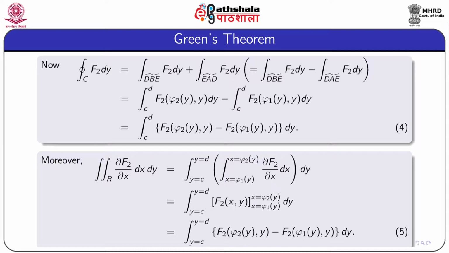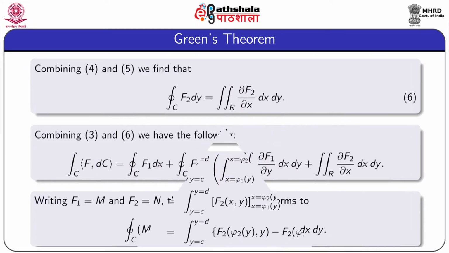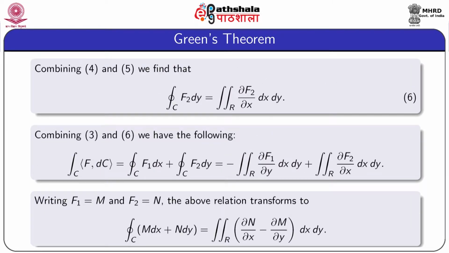So, this equals integral c to d [f2(phi 2(y), y) minus f2(phi 1(y), y)] dy. Combining 4 and 5, we find that the integral over C of f2 dy equals the double integral over R of ∂f2/∂x dx dy.